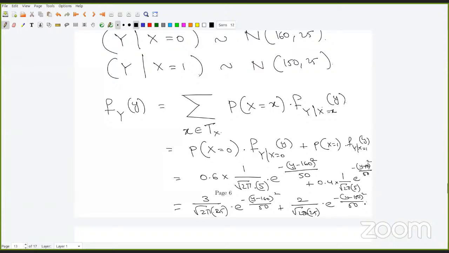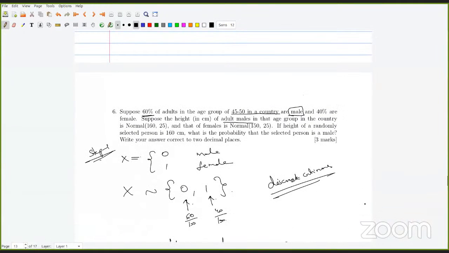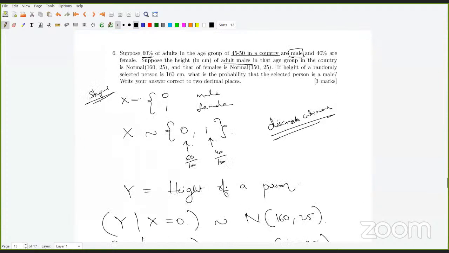Now that we know the PDF of y, what is the question actually? What is the probability that the height of a randomly selected person is 160? So it is given that y is actually 160.